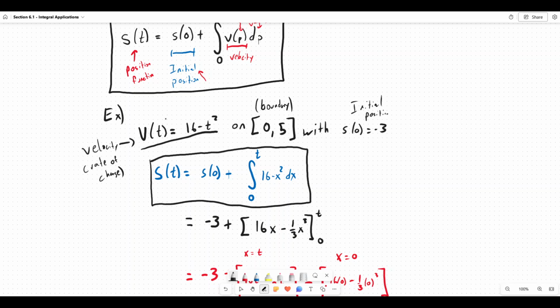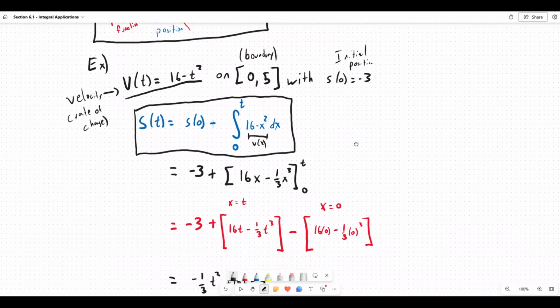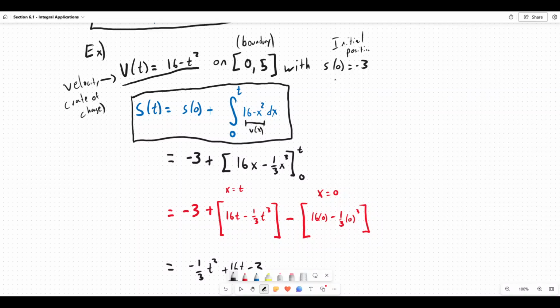But notice now I've written down what v is. So plugging in what I know, I know S of 0 is -3. And I also can integrate the term 16 minus x squared. Of course, we get 16x minus 1/3 x cubed. Notice we're going to evaluate that from 0 to t.